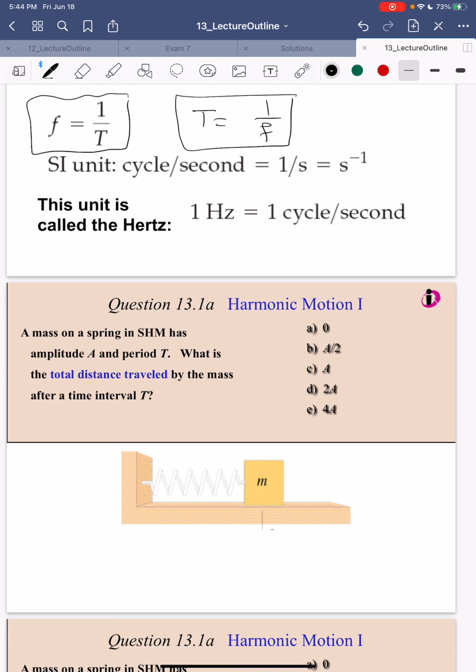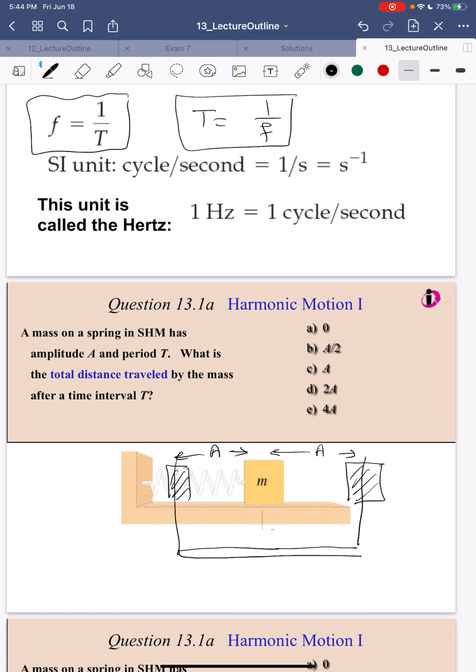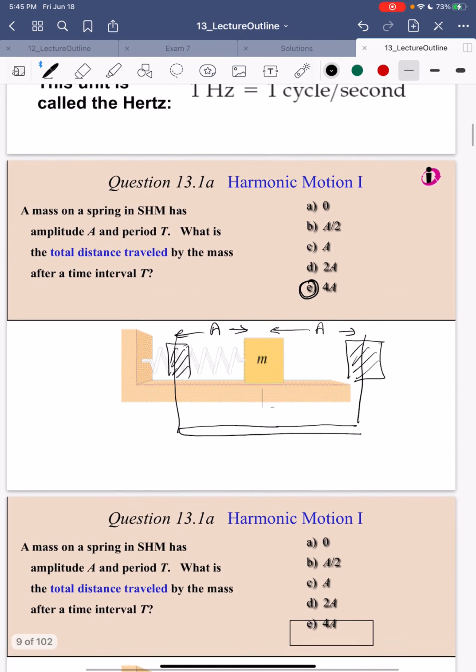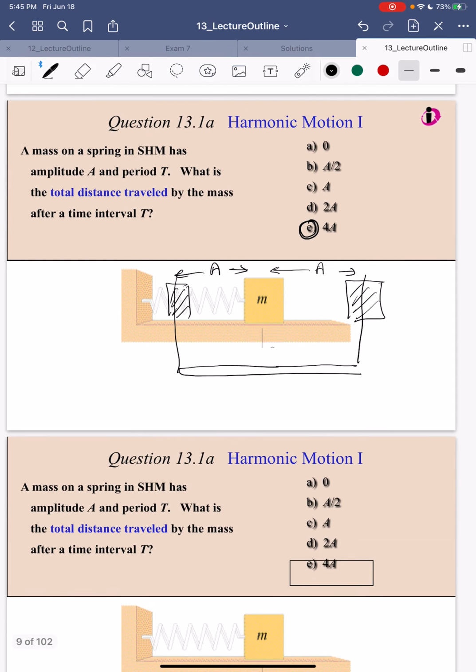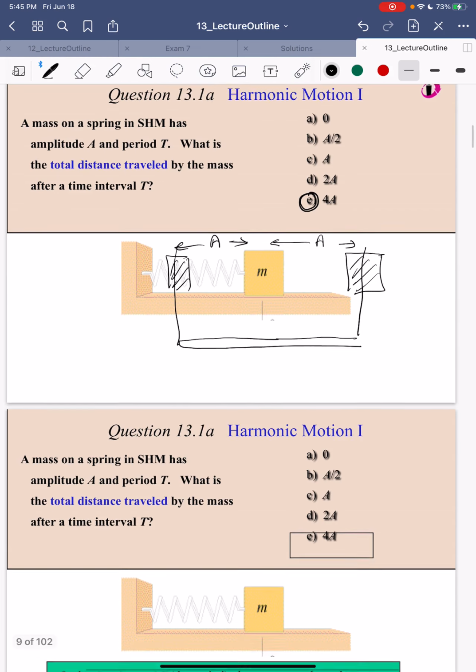If we recognize that when the spring is stretched and then compressed, this is A, and this is another A. Then in one cycle, it goes A, another A, and going back another A, another A. Then it's going to be 4 A's. This is the total distance traveled by the mass after a time period of T.